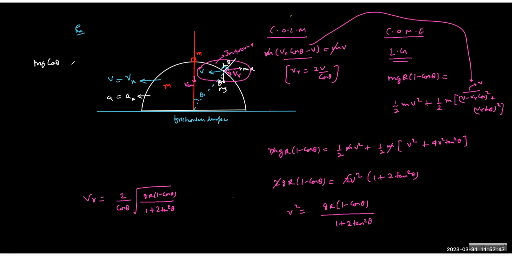So what is the net force towards the center? mg cos theta minus ma component minus N is mv square by r.